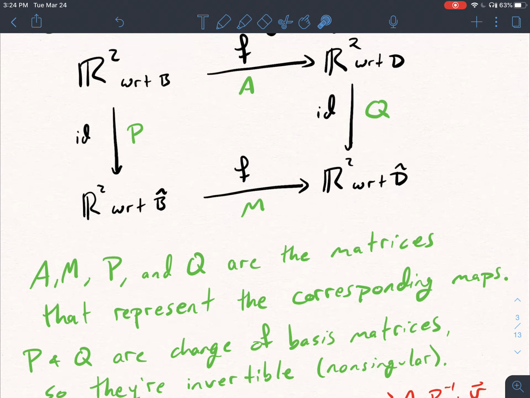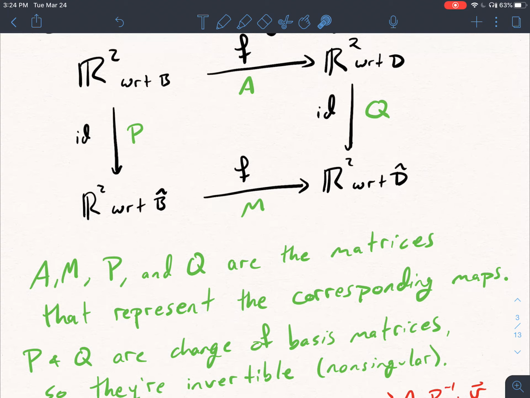If I'm going from R2 to R3 to change the basis B to the basis B hat, I could do the reverse of that too. I could start with B hat and then go to B by doing P inverse.